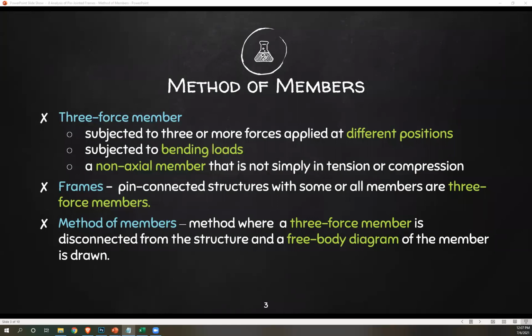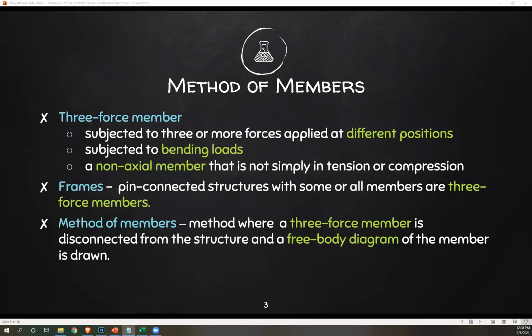Therefore, it's not convenient to analyze such a structure by method of joints or sections. Because again, for joints and sections, our members are only in tension or compression. Now we have bending, so it's not that convenient to use those methods. So now we're going to introduce our third method, which is method of members.